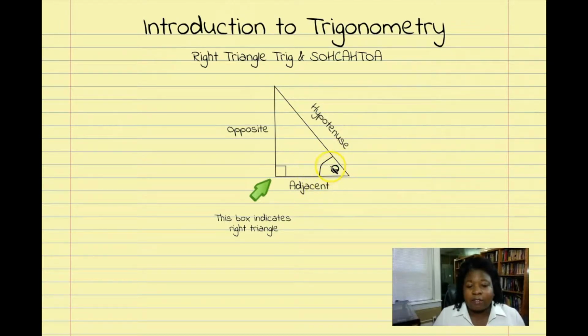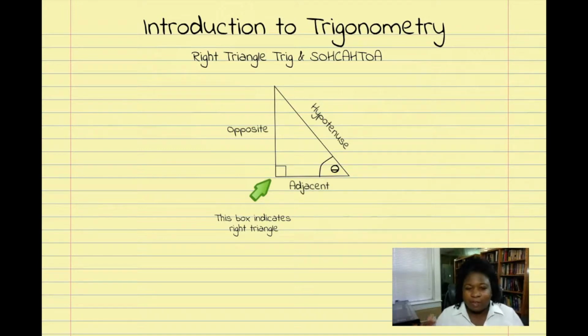The side the furthest from theta, the side opposite theta, is called the opposite side. And the other side, the one next to theta, is called the adjacent side. Adjacent is a word that means next to.